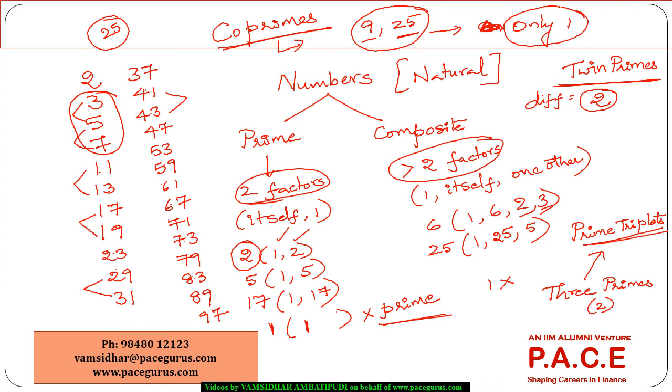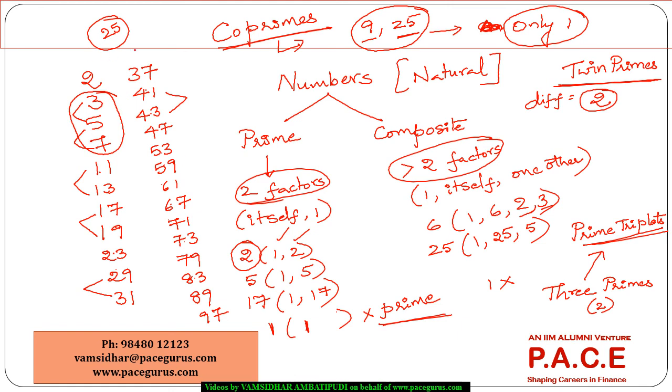If 1 is the only common factor between the two numbers, that pair of numbers is typically called co-primes. So they may be prime separately, they may not be prime separately, it doesn't matter. When we talk about co-primes, we look at the common factors that exist between the two numbers. If a common factor exists, then they are not co-primes.